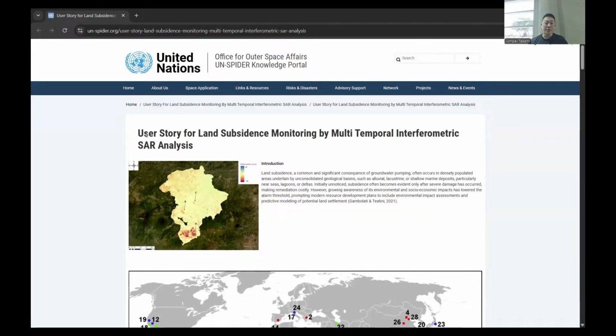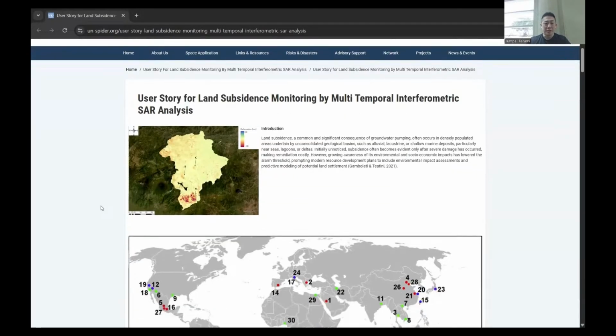We are frequently updating our website, and this is a user story for land subsidence monitoring by multi-temporal interferometric SAR analysis. In this case, as I said, we are using the MintPy tool, published by the Alaska Satellite Facility and team.